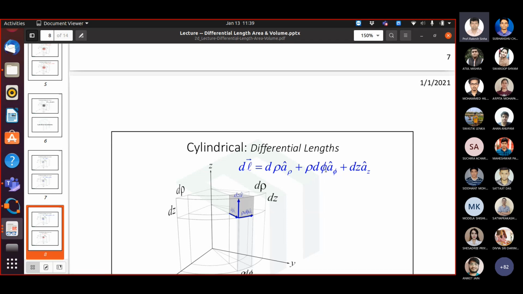That's why in the phi direction you have rho into d phi. This is a geometric idea of why it is rho d phi instead of simply d phi. In the z direction, z itself is a length, therefore dz is an incremental length. Got it?